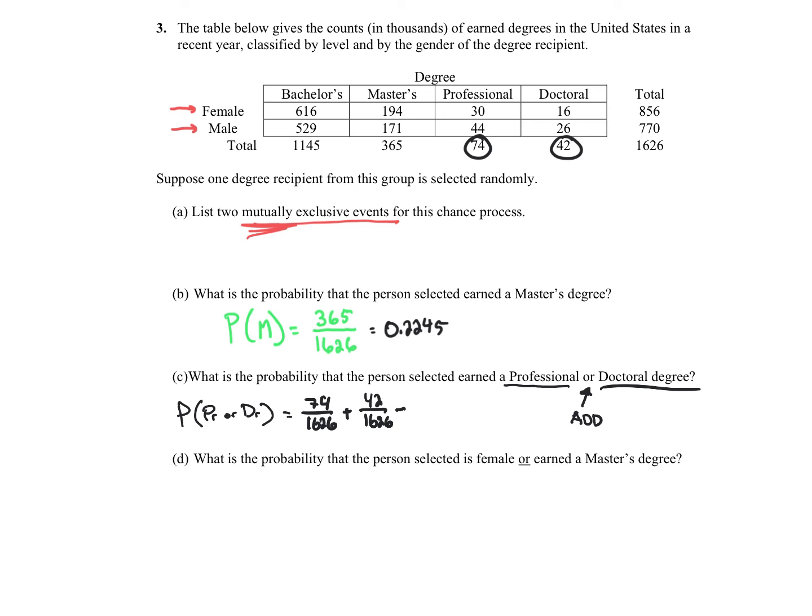Minus, because you always got to minus the overlap. Do these 2 overlap? Nope. That means they're mutually exclusive because I put a 0 at the end. So therefore, 74 plus 42, that looks like we're going to get 116 out of 1626. And if we want to turn it to a decimal, which typically we do, 0.07 or 7%. Or means add.